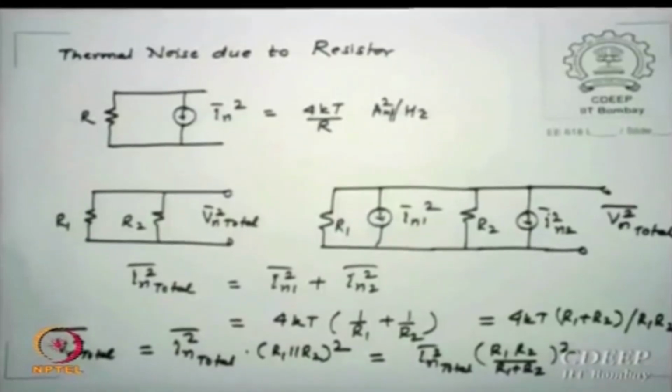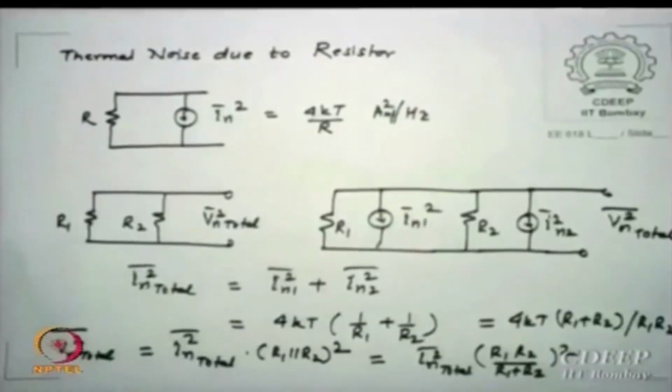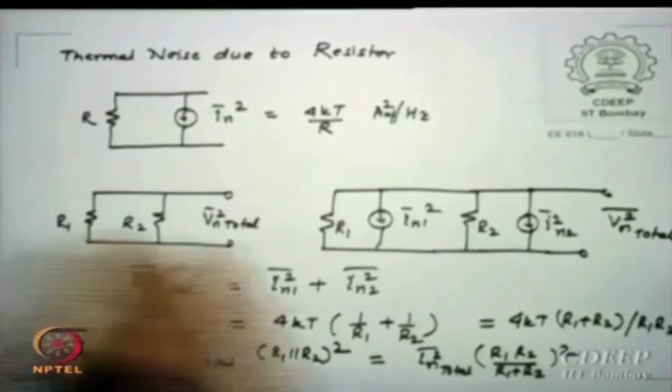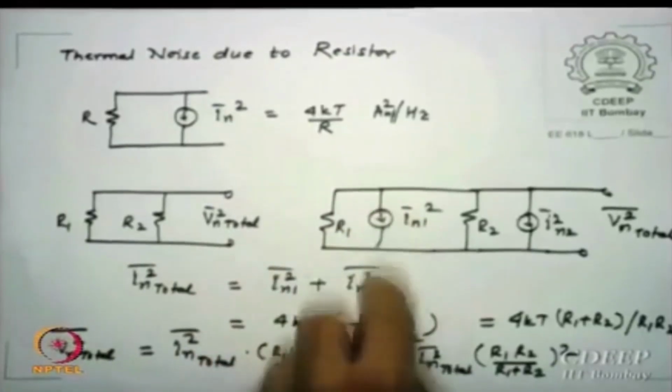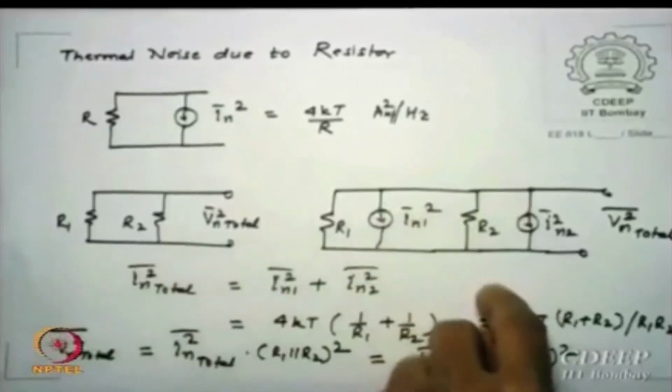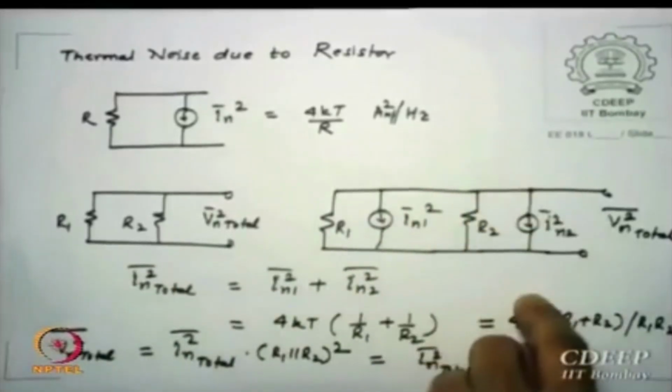Now one interesting thing is, if I have two resistors and I want to calculate the noise due to this, this is a noiseless resistor shunted by a noise current source, and another resistor with its own noise current source.